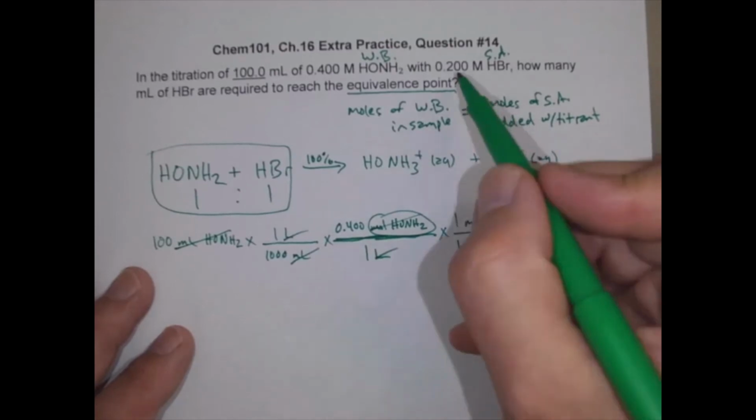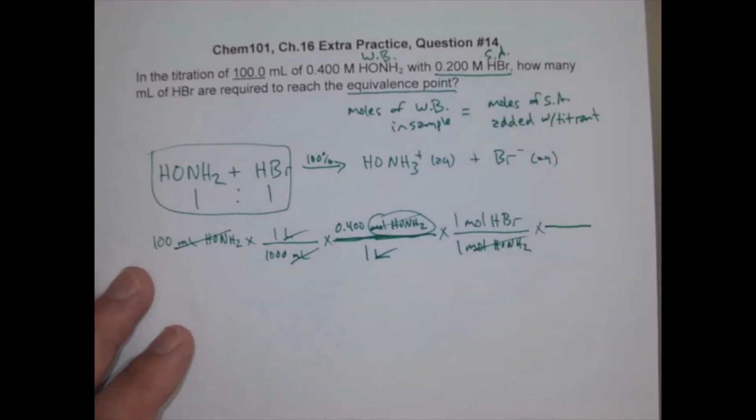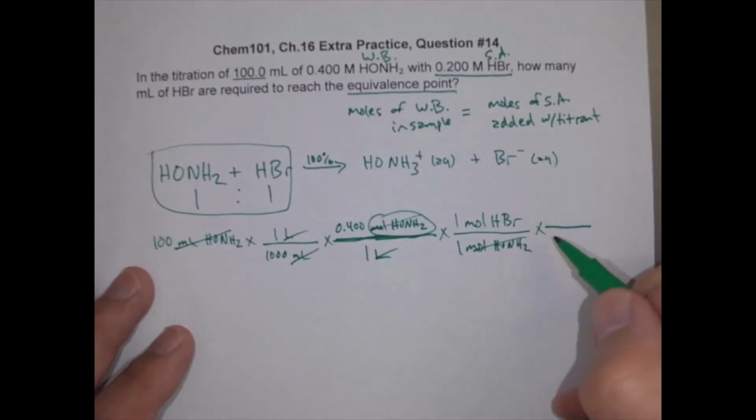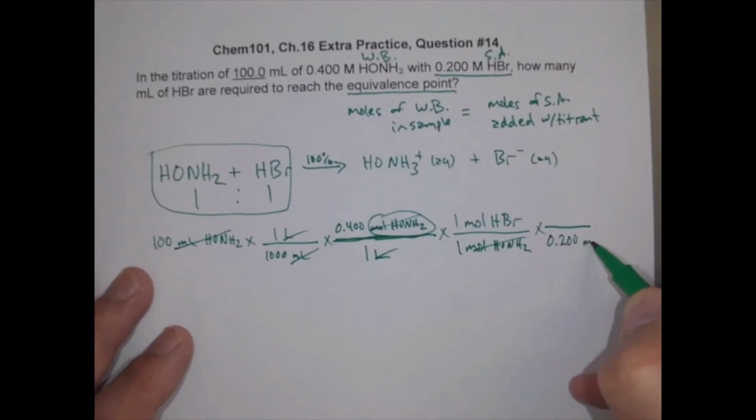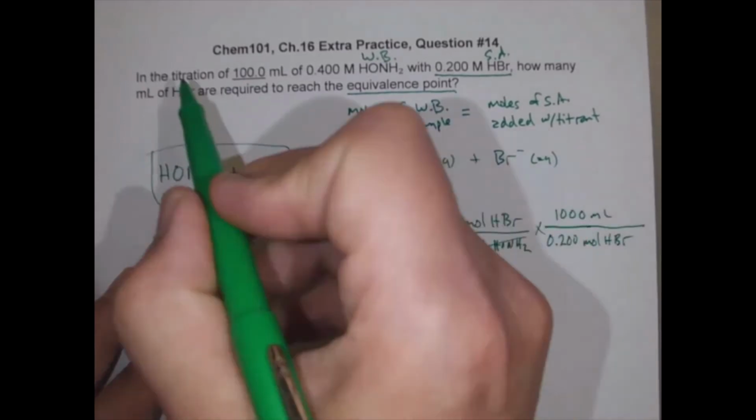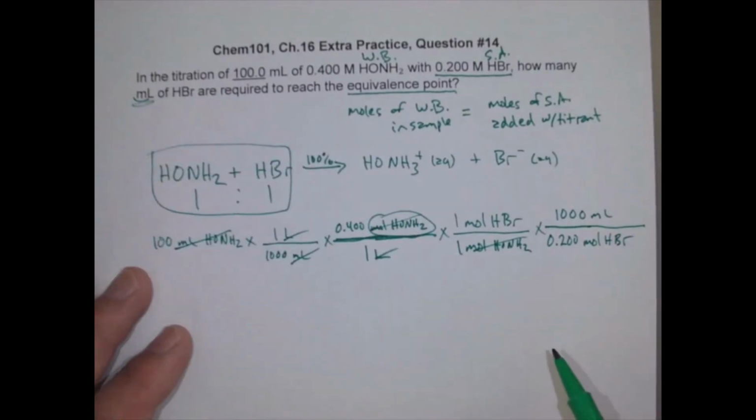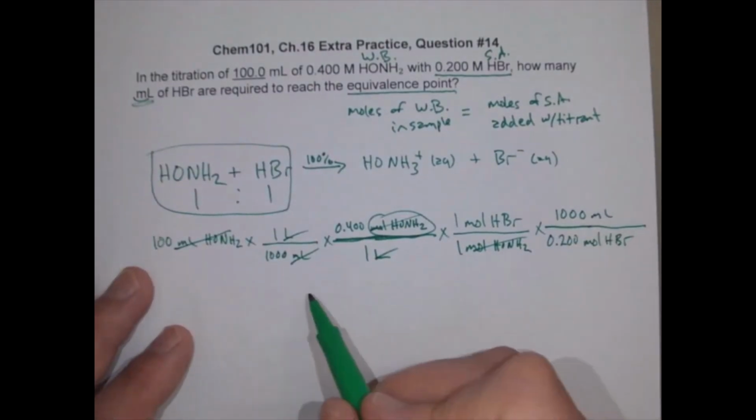I also know the molarity of my strong acid. It's 0.2. I'm going to do the reciprocal of that so that moles cancel: I have 0.200 moles of the strong acid in every 1 liter, which I'll write as 1,000 milliliters, because the question asks for how many milliliters.